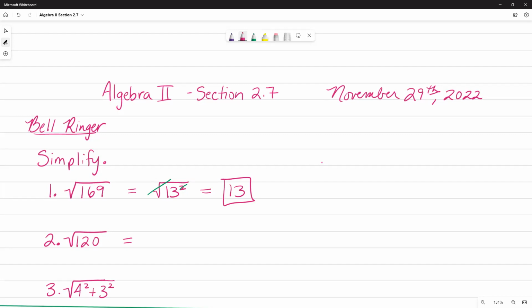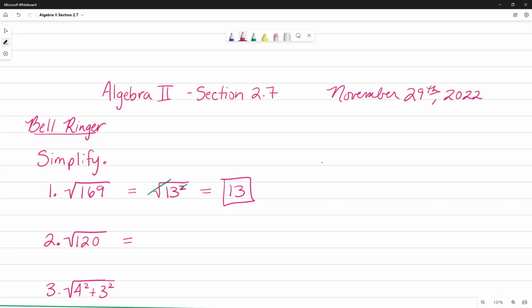So what we have to do is change it. We need to rewrite 120 into an equivalent expression and hopefully be able to find a number that is a perfect square. See if we can pull something out. So we know 4 is a perfect square, and 4 goes into 120 because 4 goes into 20.